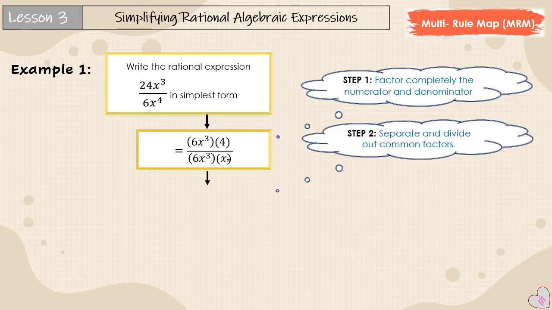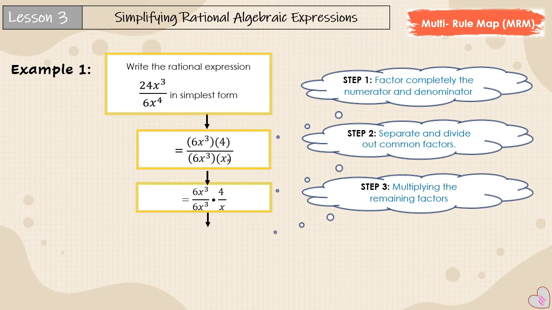Step 2, separate and divide out the common factors. So we have 6x raised to 3 over 6x raised to 3 times 4 over x. We're going to separate the factors which are the same or common. Step 3, multiplying the remaining factors.